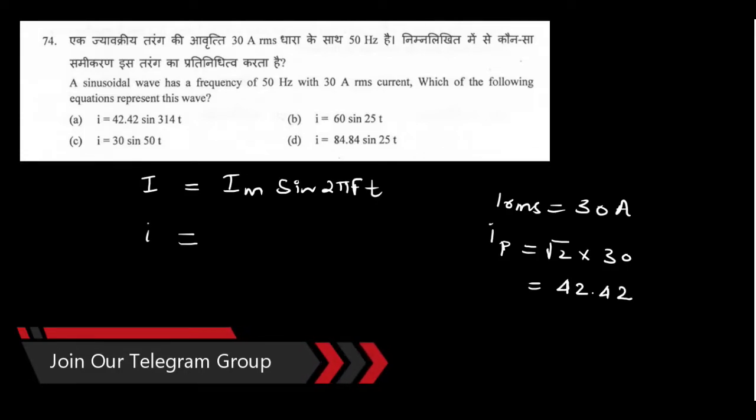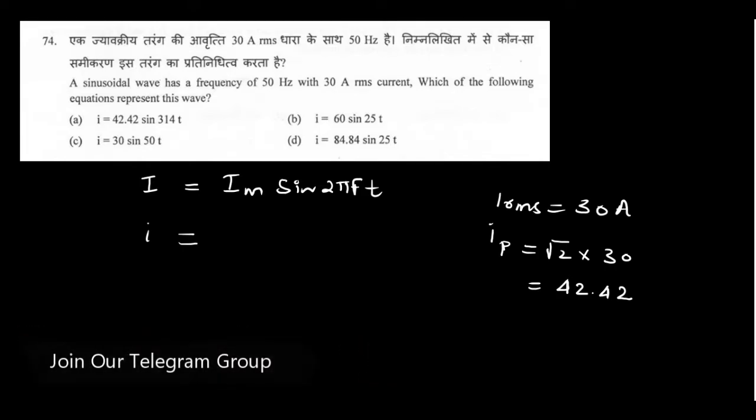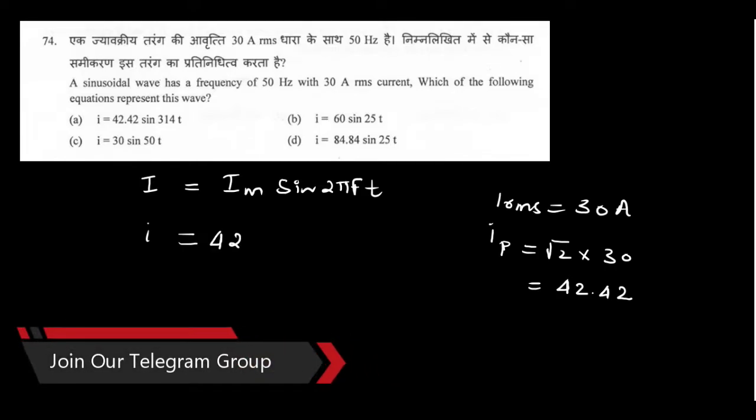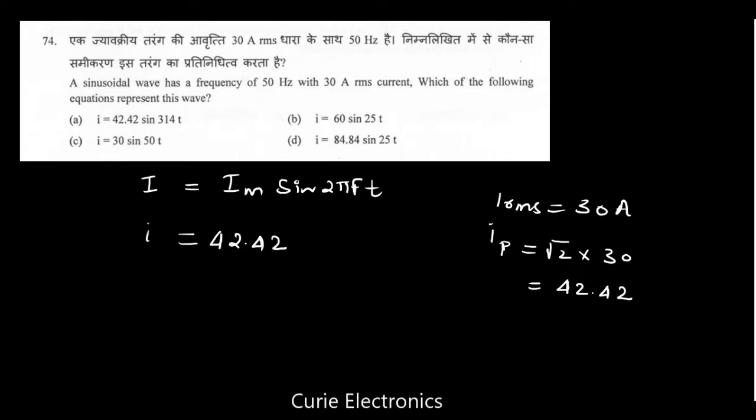Now easily we can write because only one value matches there. 42.42. Now let's see the frequency given, 50. So 2 multiplied by f, which is 50, we'll get 100 pi. 3.14 multiplied by 100, we will get 314.